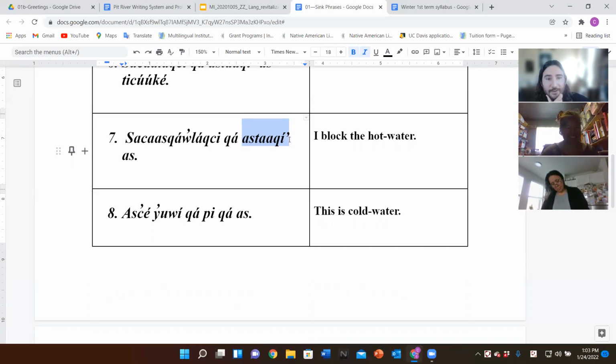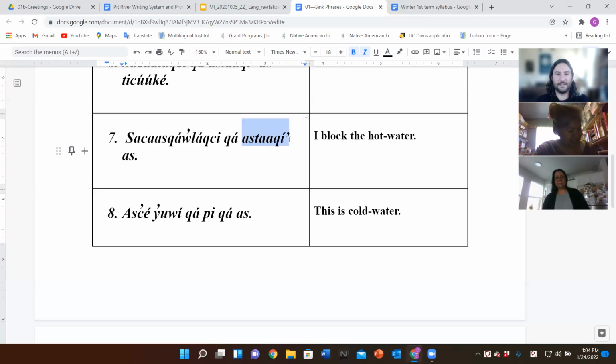So Saja scout. Go ahead and say the sentence. Saja scout lakji got us. Astaki us. There you go.